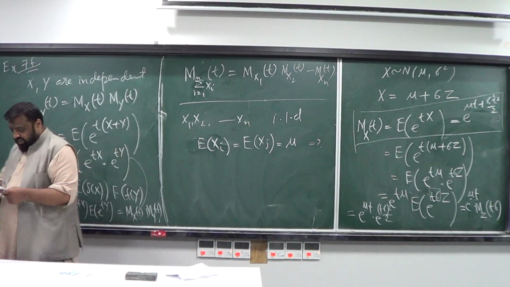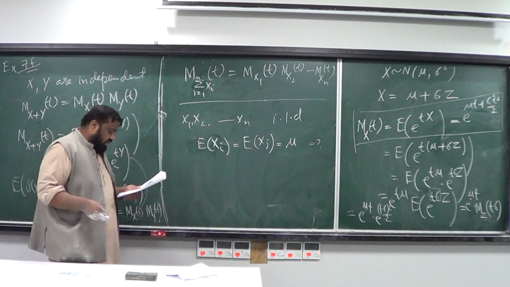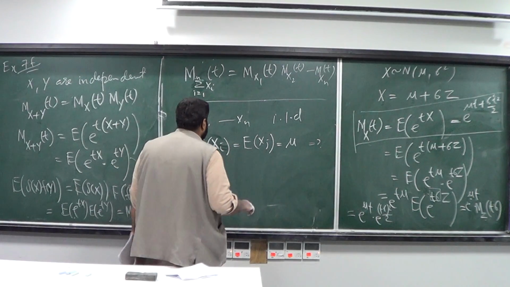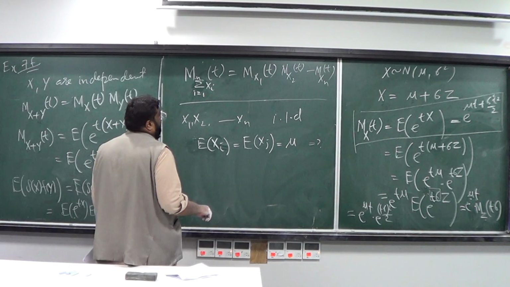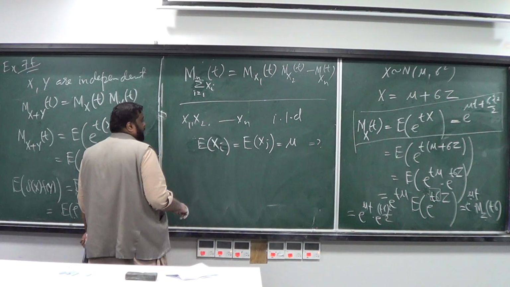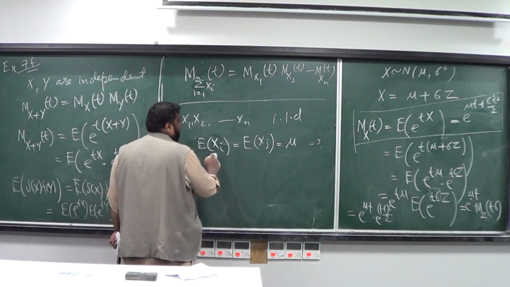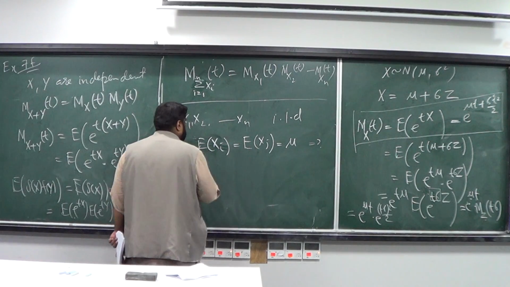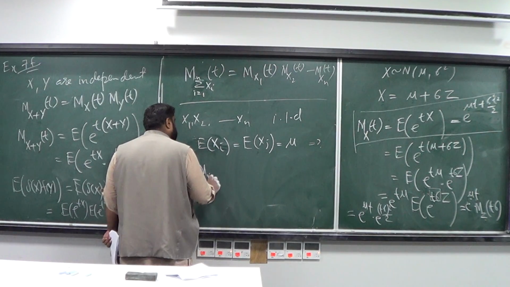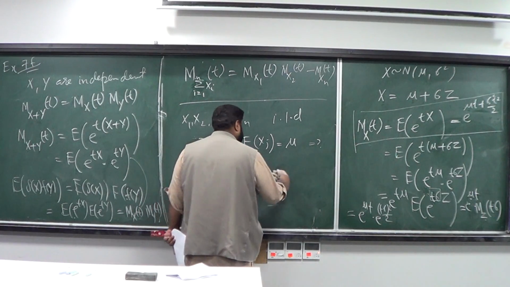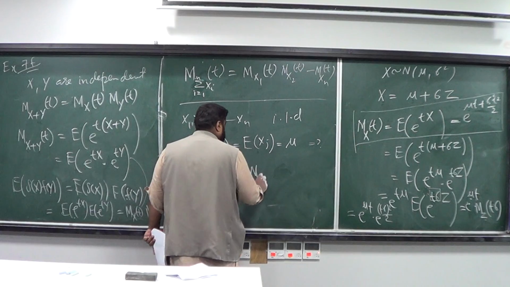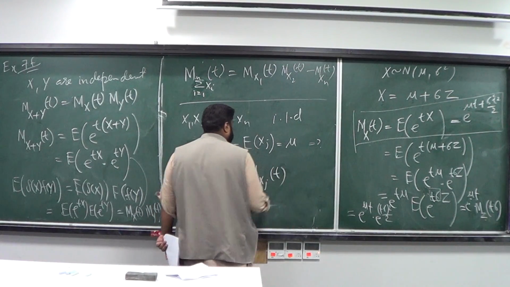Okay, the question is then what would be the moment generating function for such variables if their expectations are equal. Then what will happen if this is the case? If the distributions of xi and xj are equal, my claim is that the moment generating function of xi at t is the same as the moment generating function of xj at t actually.